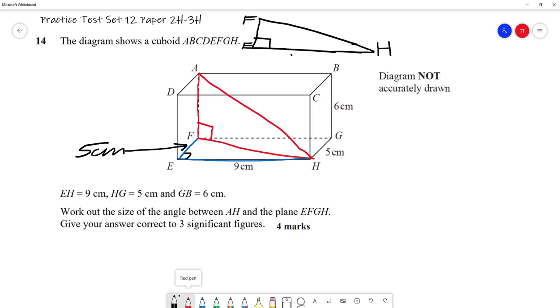This is 9 centimeters. This is 5 centimeters. And I want to find the side FH. Now, I can do that by Pythagoras and say FH is going to be the square root of 5 squared plus 9 squared.